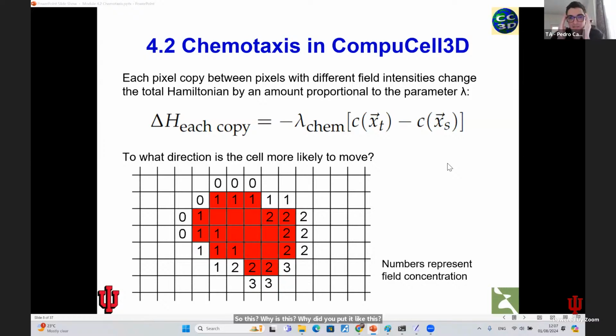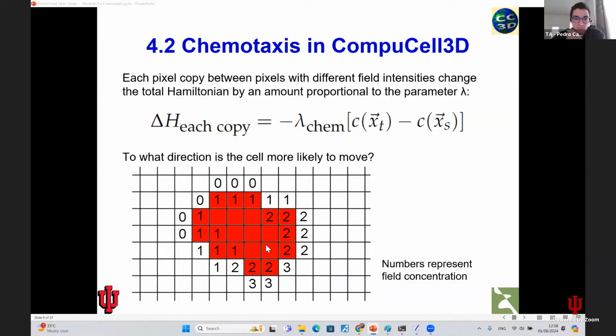So the meaning here is that in this model, the cell is comparing the concentration inside it or underneath it, if this is a substrate, to the surrounding concentration, and a copy will happen in the direction of increasing gradient. So in this exercise, I am putting random numbers, okay?